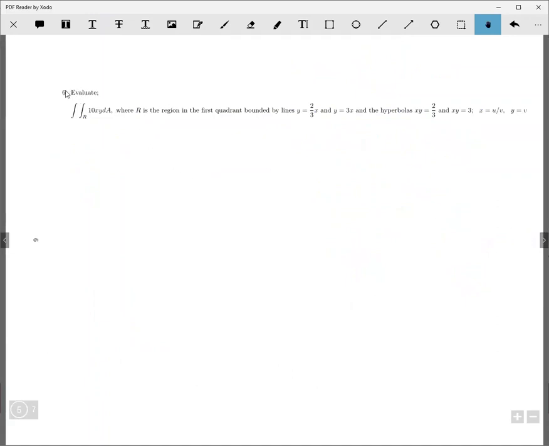Okay, so number 6, evaluate this integral 10xy dA, where R is the region in the first quadrant bounded by the lines y equals 2/3 x and y equals 3x, and by these hyperbolas.